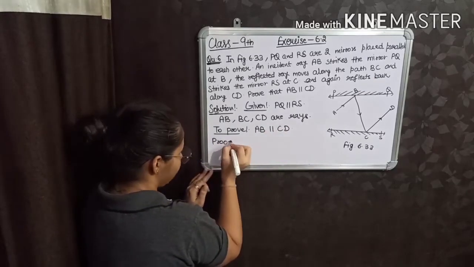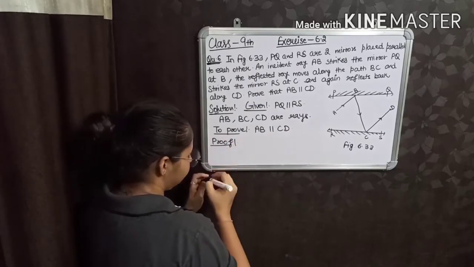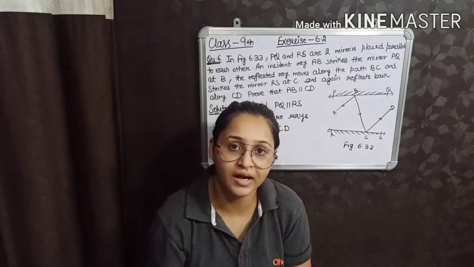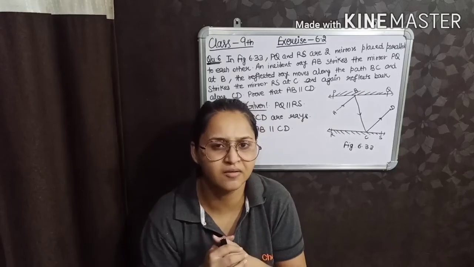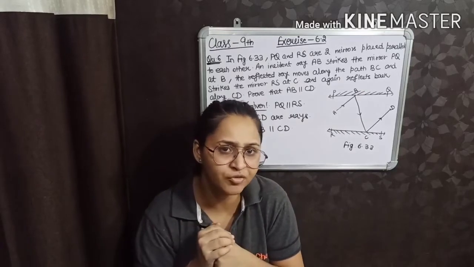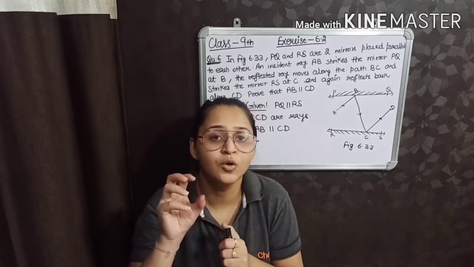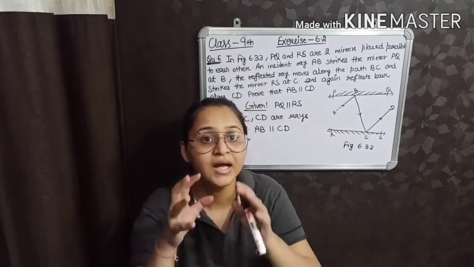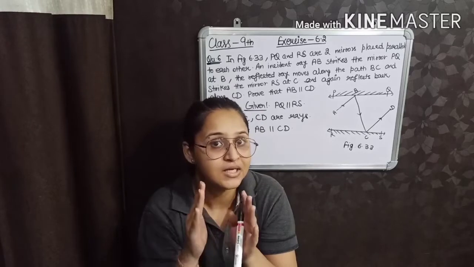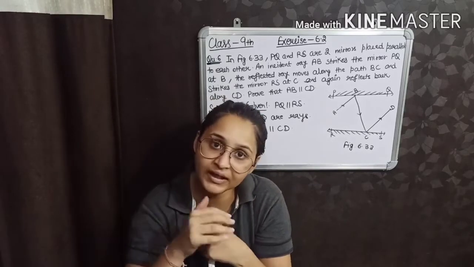Now, when there are incident rays, reflected rays, and mirrors given, do you remember the laws of reflection? What is the law of reflection? The law of reflection says that the incident angle is equal to the reflected angle.